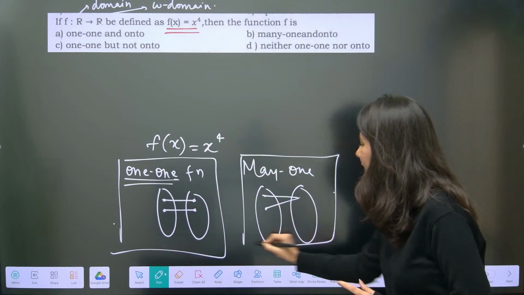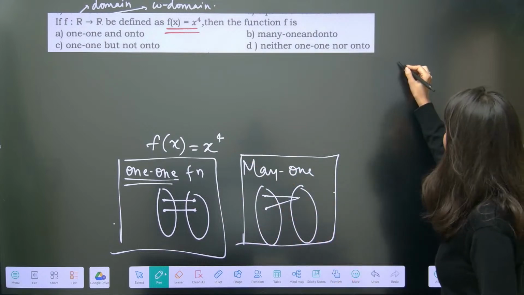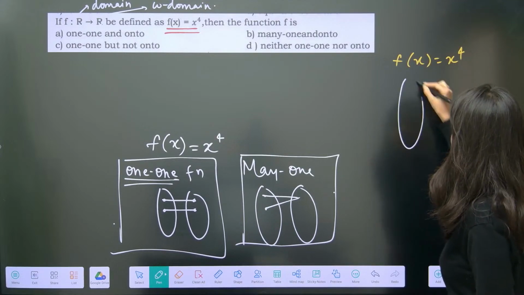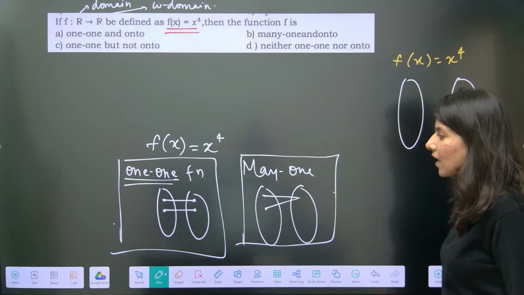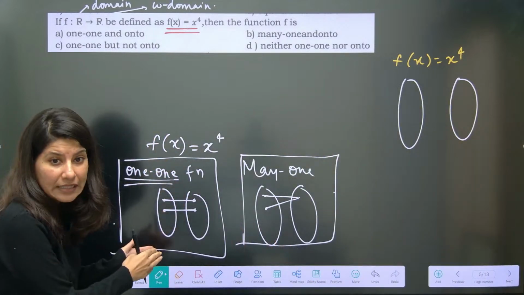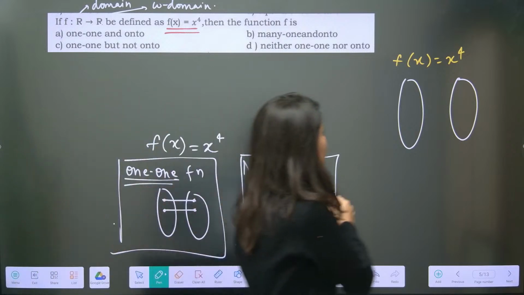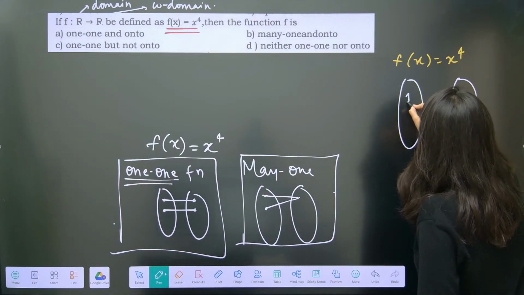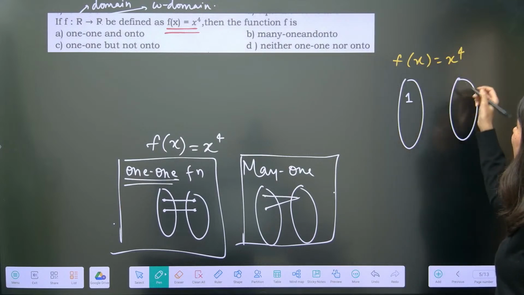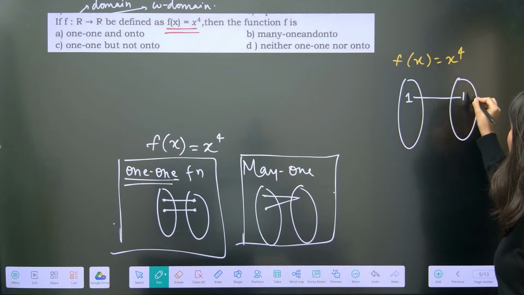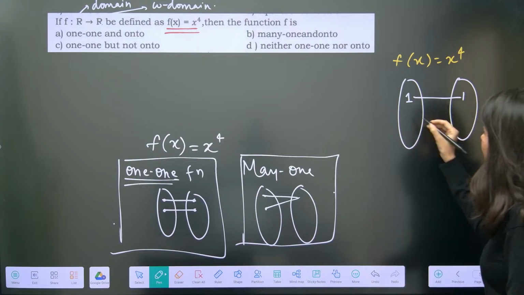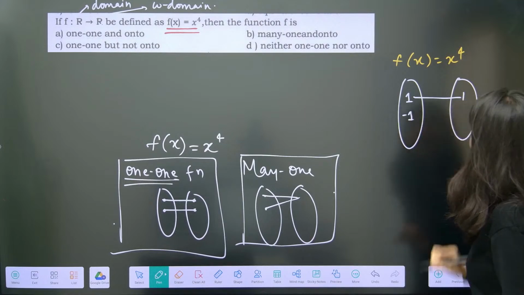So clearly, if I talk about f(x) equals x raised to power 4, and if I try to draw the mapping diagram to differentiate whether x raised to power 4 falls under this category or that category, clearly if I put x equals 1, I get function value 1 raised to power 4, which is 1. But what if I put minus 1?